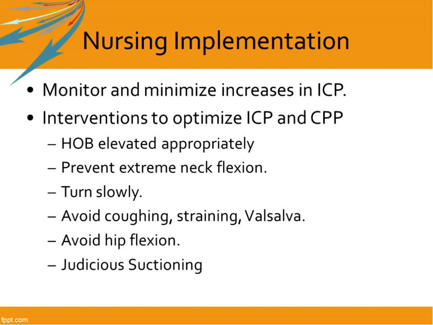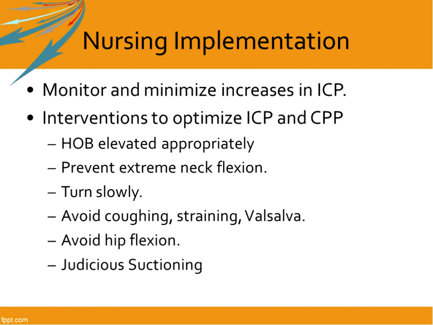Okay, that's going to help to decrease the CPP by lowering the systemic BP. Position the bed so that it lowers the ICP while optimizing the CPP. We always want to turn them with slow, gentle movements because any rapid movement can also increase intracranial pressure.